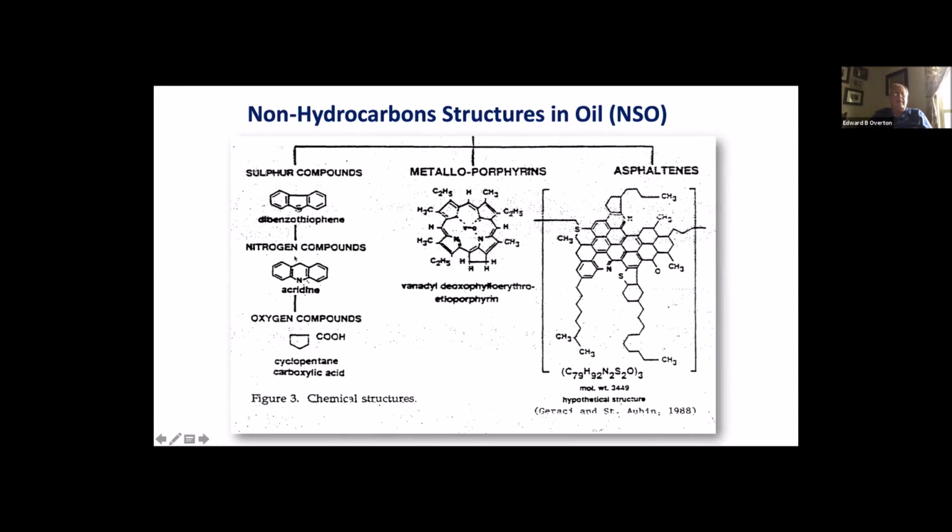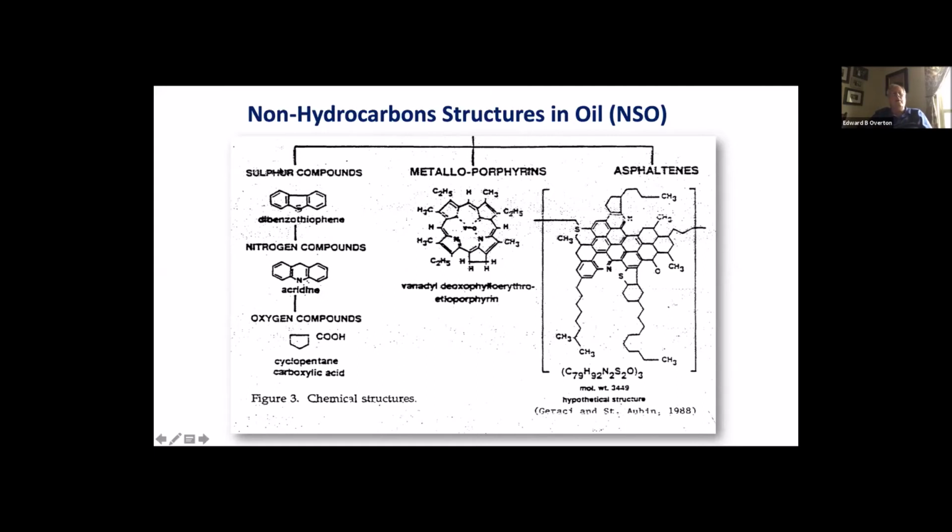You can also have nitrogen compounds in the ring and on the outside of the ring, as well as oxygen compounds. These are called NSO compounds, and they're all part of the biomass that was laid down in the bottom of the oceans and buried deep within the earth over millions of years, converted to oil.